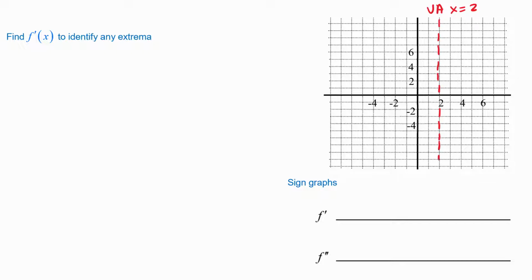And we know that as x approaches 2 from the right, the graph is going to positive infinity, and as x approaches 2 from the left, the graph has to go to negative infinity. We also had a slant asymptote at y equals x, so we draw a line whose slope is 1, and this is our slant asymptote.